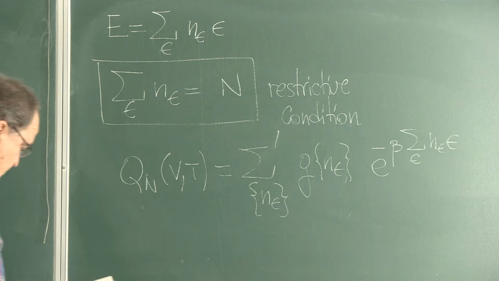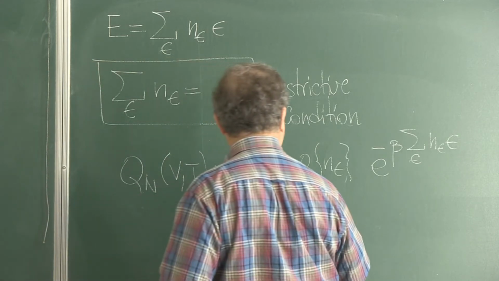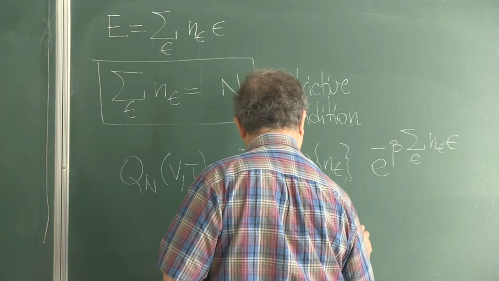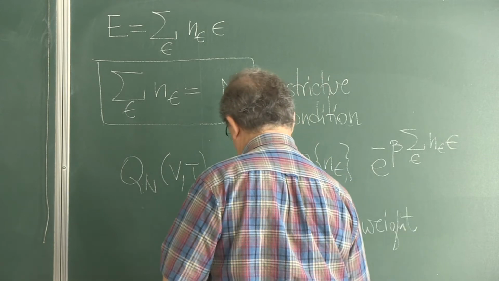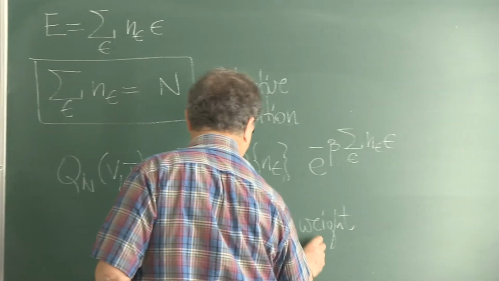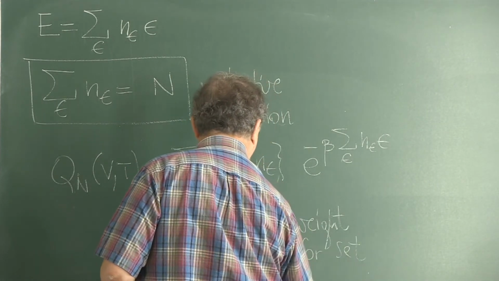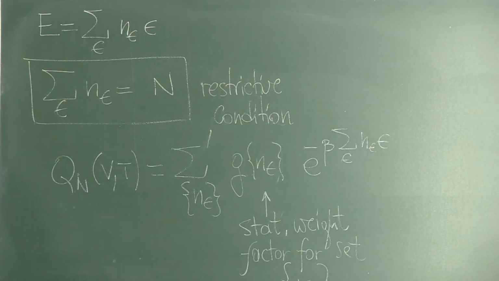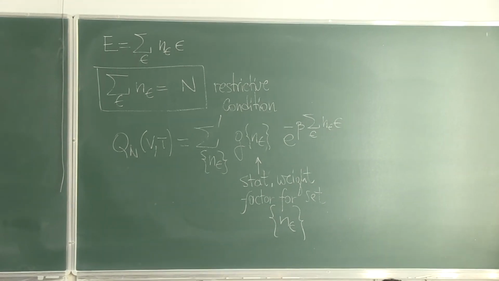And this G is the statistical weight factor for the set of occupation numbers, and you have to sum over all possible sets of these.